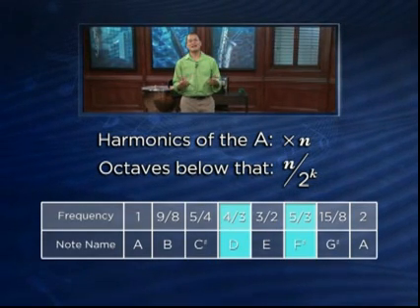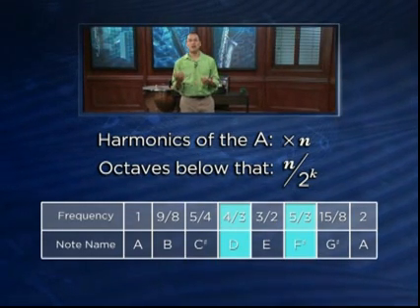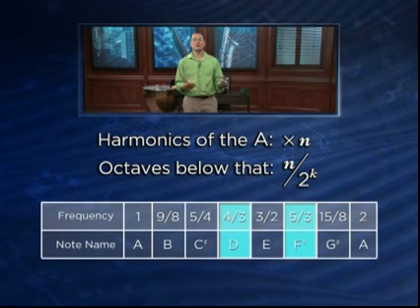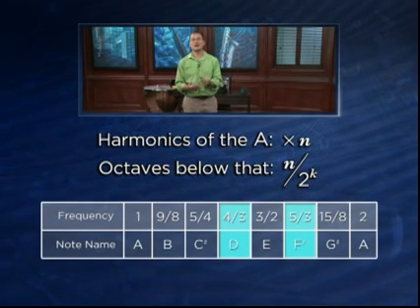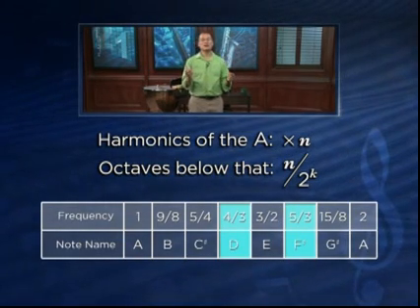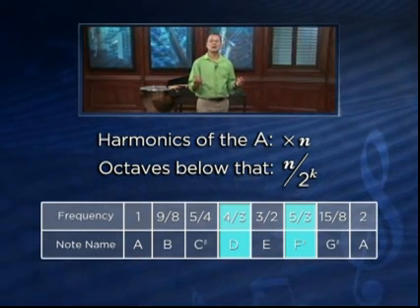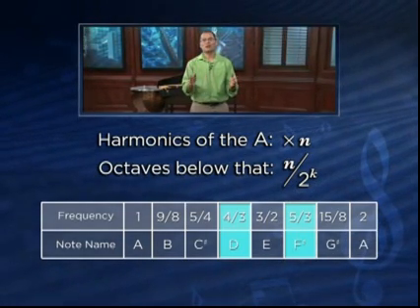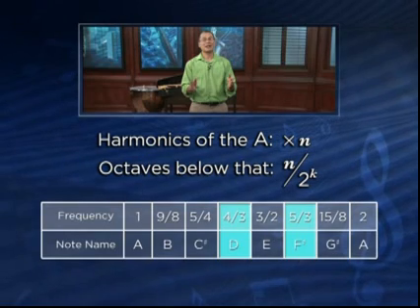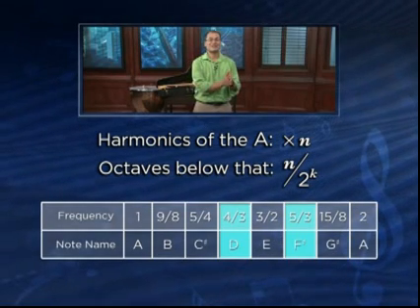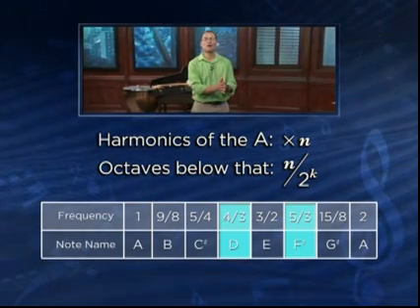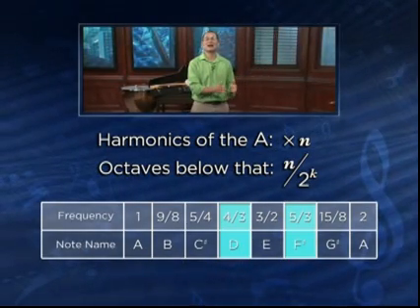There's no way of getting 4/3 or 5/3 from this process, because 4/3 and 5/3 are not of the form n divided by 2 to the k. The trick that's used here to get a heptatonic just scale is the fact that D does not appear on the overtone series of the A, but on the overtone series of a D, there are other A's, and so we can tune the D so that the overtones of the D match up with the A.